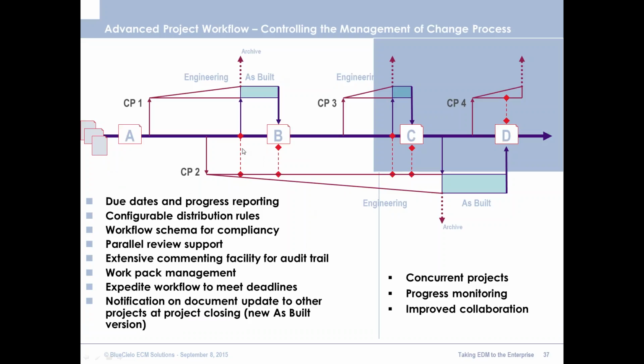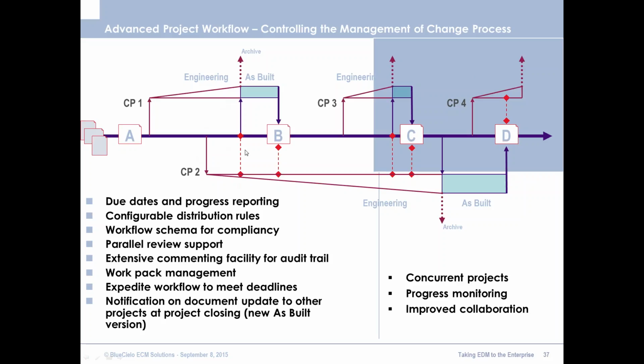And it's a slightly different graphic, showing the same thing, where we've got this project number 2, which is a longer term project overlapping on projects 1, 3, and 4, and they may relate to the same area of the plant.